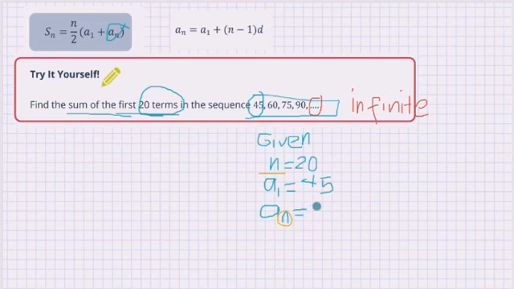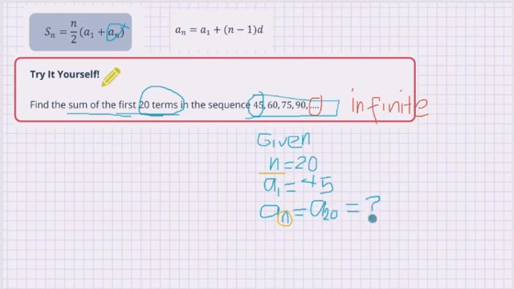So therefore that is a sub 20. Okay, sorry for that. So that's a sub 20, or the number in the 20th position.